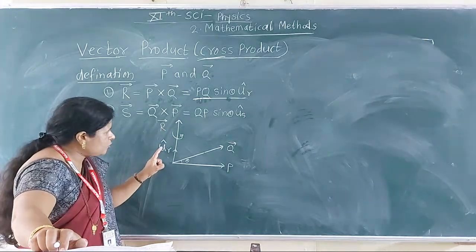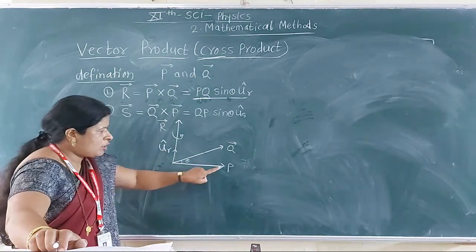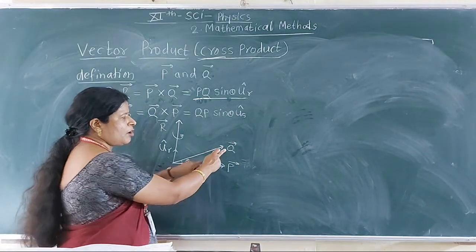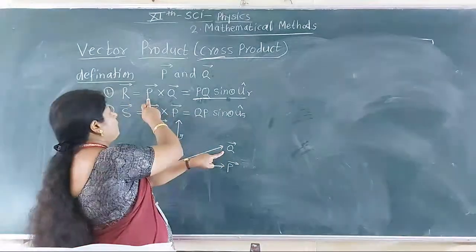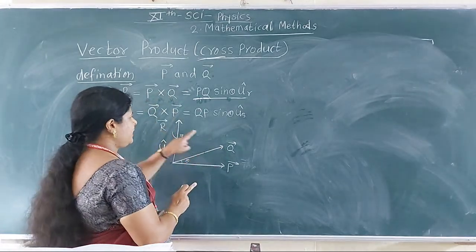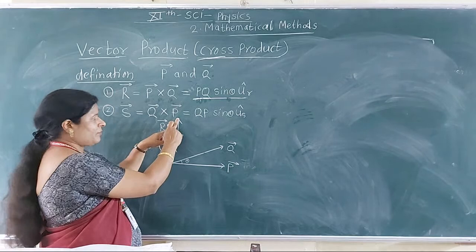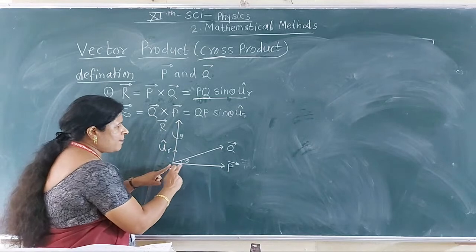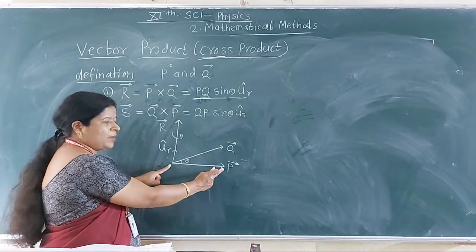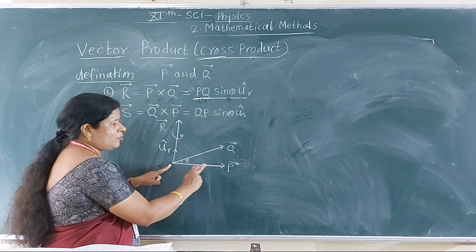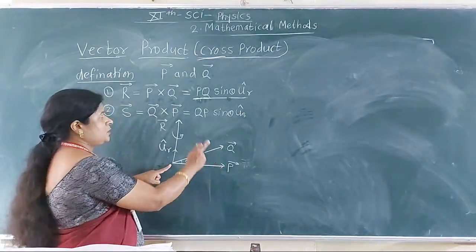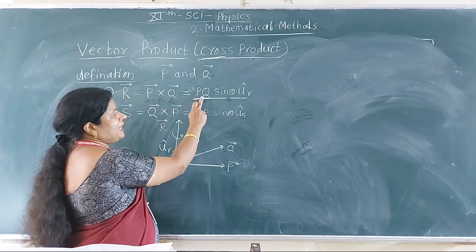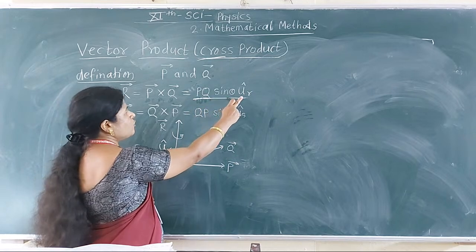So vector p cross vector q is vector r. Now, as shown in the diagram, vector r is perpendicular to the plane of vector p and q. So the magnitude of this cross product we write as pq sin theta u cap r.